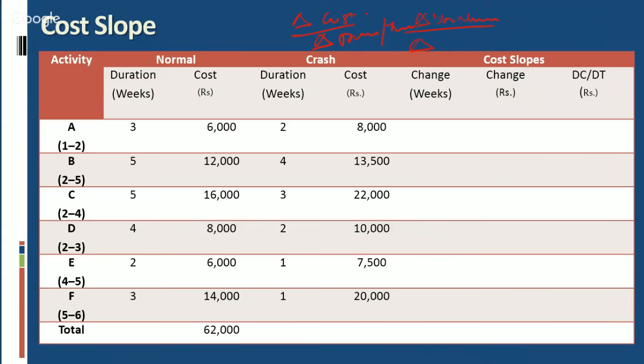Our change in cost for each activity is: for activity A 2000, for activity B 1500, for activity C 6000, for activity D 2000, for activity E 1500, for activity F 6000.